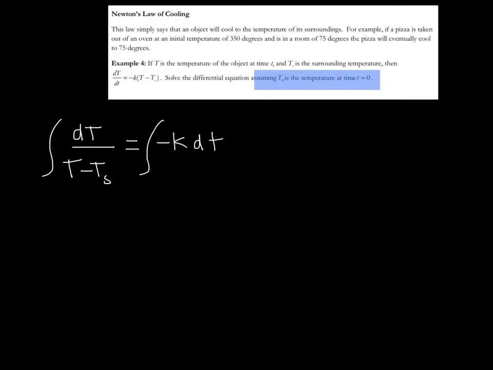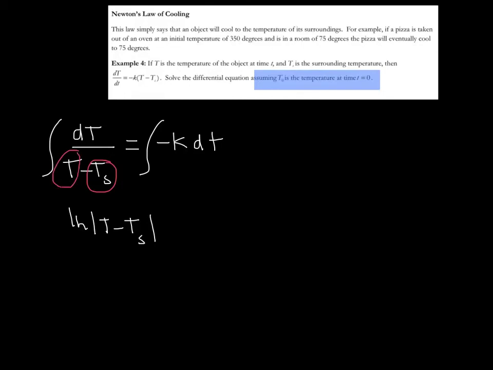And if we integrate the left side, that's going to give us natural log, the absolute value of capital T minus Ts. Now, let's make sure we don't get confused. Ts is a constant, right? The room temperature is just a constant. It's set at 75. The thermostat is set at 75. What is changing is T. That is your variable.